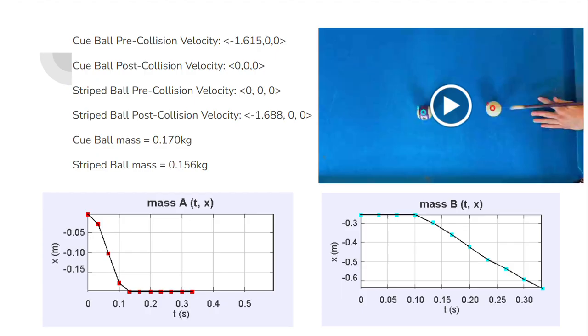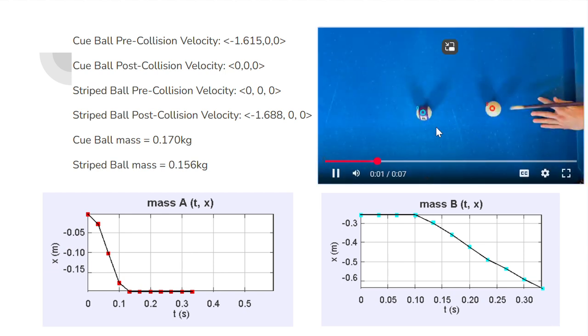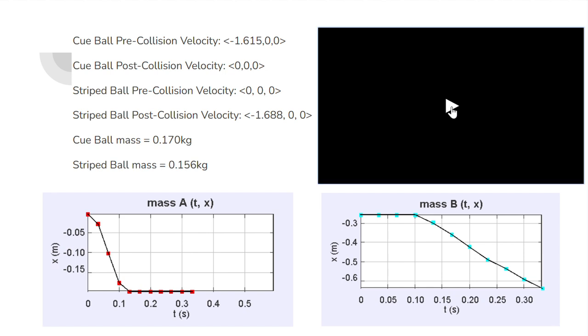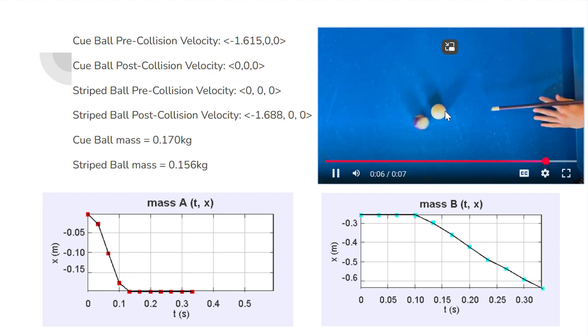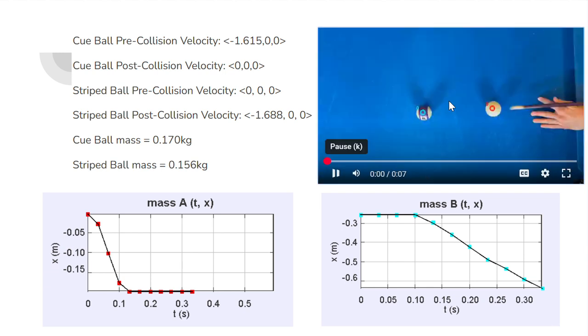So this is some information because I hit the cue ball into the strike ball. As you can see, the cue ball had an initial velocity, a pre-collision velocity of negative 1.615, and it had a post-collision velocity of 0. As you can see again, it goes and it hits the strike ball and it just stops.